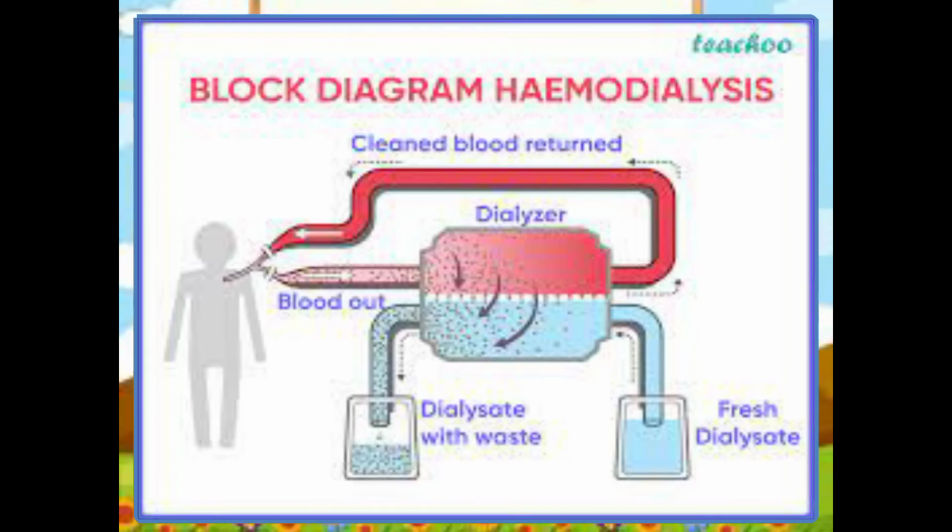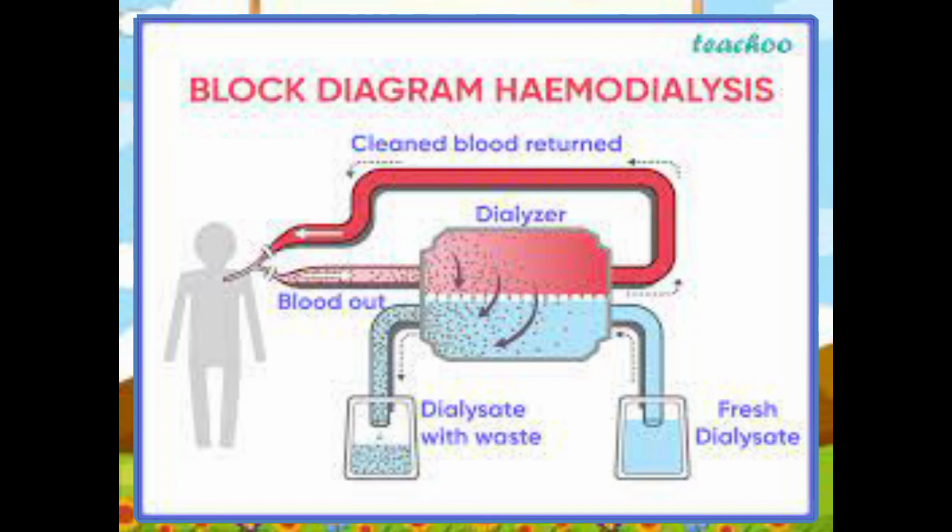Here is the pictorial representation of hemodialysis. Here is the dialyzer machine in the center, and the blood from the body of the patient is taken into the dialyzer machine, where it flows around the dialysate.